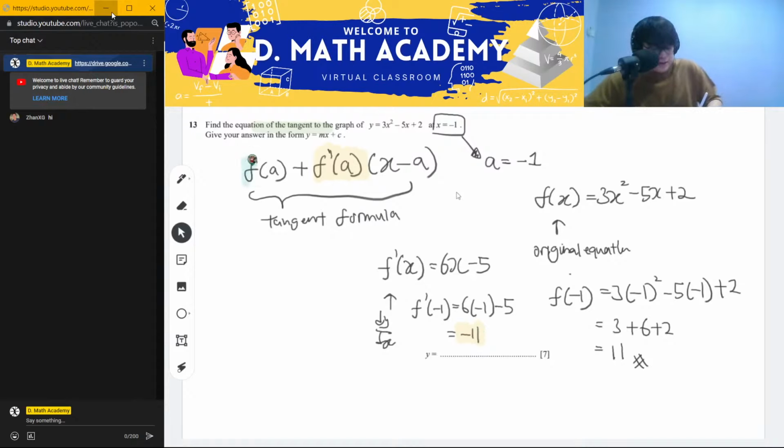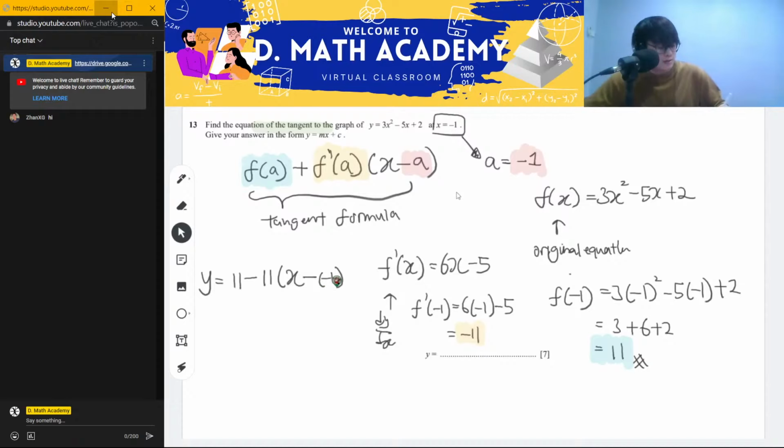And then this f(a) is this 11 that you gotten here. And then we have one last thing, which is a. It's representing our -1. So when I run the substitution, I just write down y equals 11 minus 11, x minus -1.